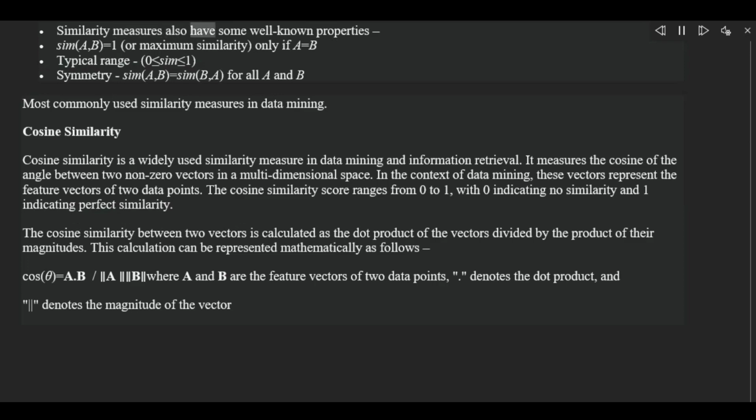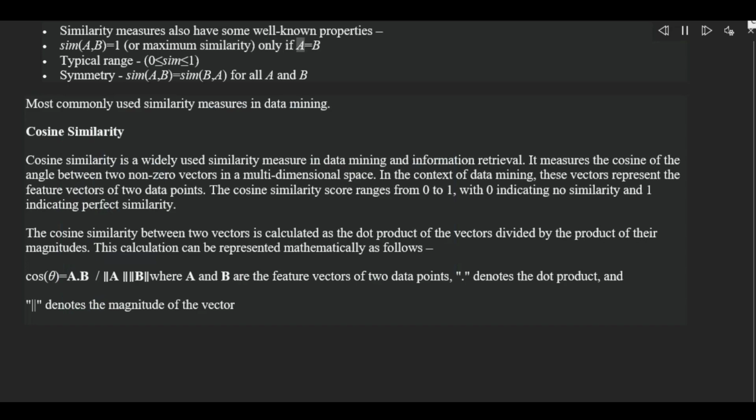Similarity measures also have some well-known properties. Sim(A,B) equals 1 only if A equals B. Typical range: 0 ≤ sim ≤ 1. Symmetry: sim(A,B) equals sim(B,A) for all A and B.